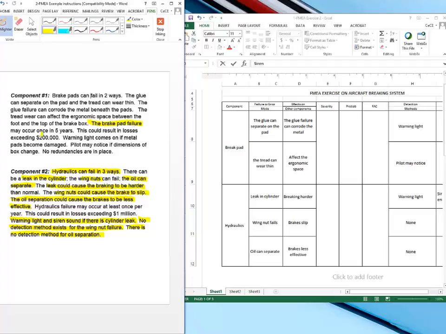The brake pad failure may occur once in 5 years, and this could result in losses exceeding $200,000. So we have probability and severity here. What we're going to do is go to our third page, which will show you what this means, and we'll go back to our risk matrix.